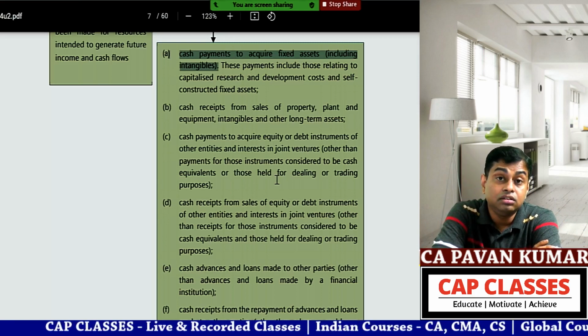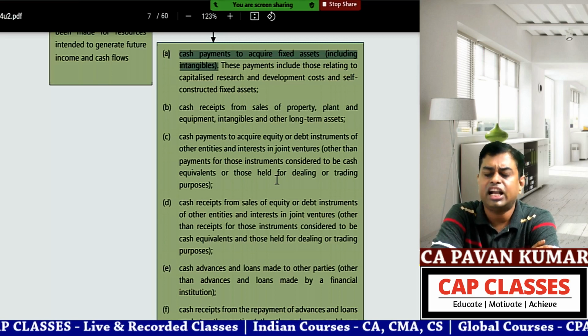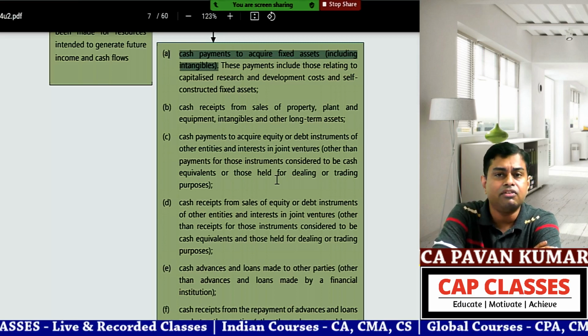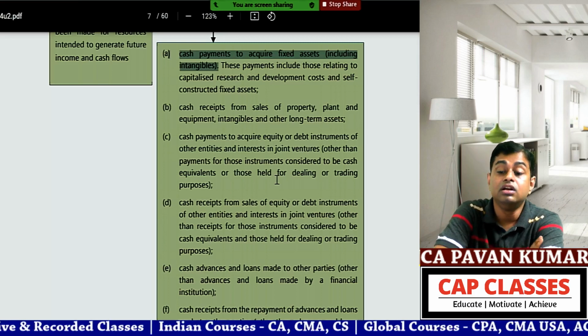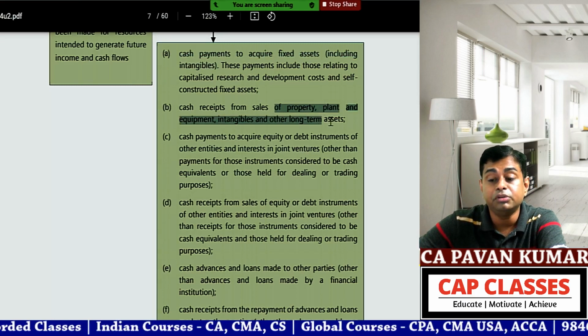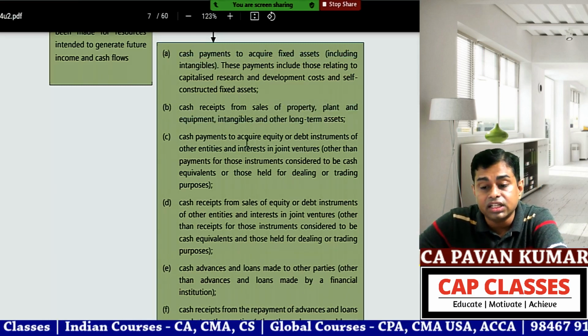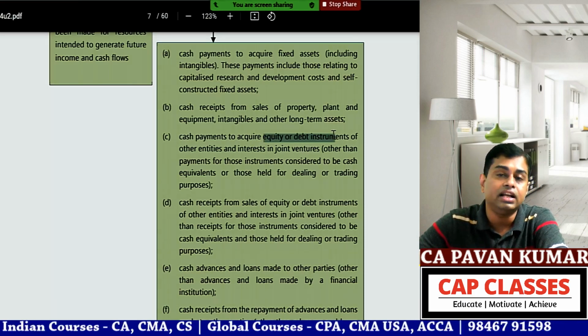Cash spent, expenditure on any of these things, fixed assets, tangible assets, intangible assets, research and development, internally constructed assets, everything is investment activity. Then cash receipts from sale of property, sale of PPE, sale of intangibles, sale of other long-term investments or assets.